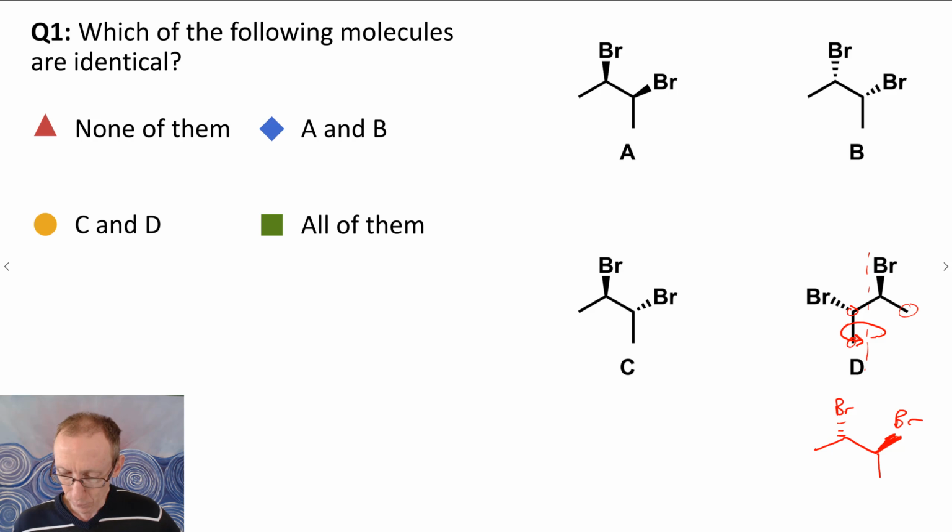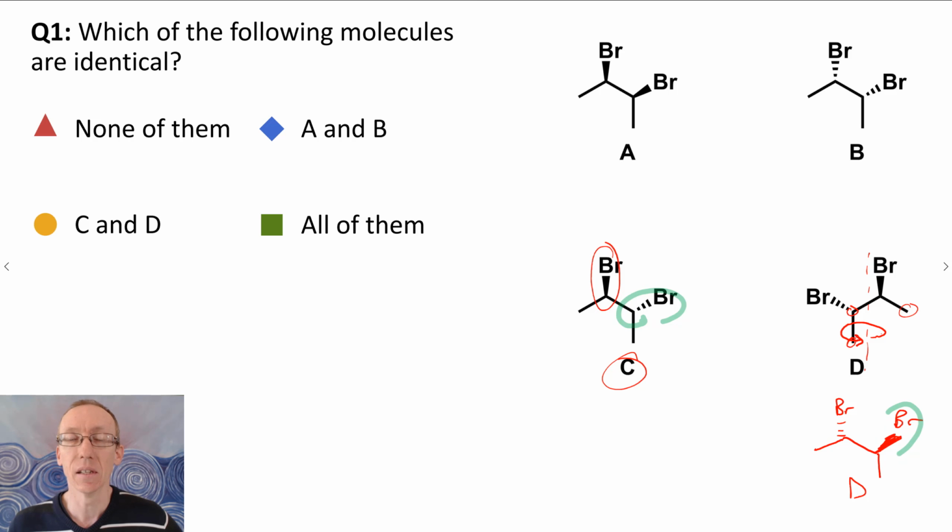Okay, now if we look at those two molecules, C and now this D that's been spun around, we'll notice that where we've got an up bromine here, we've got a down bromine here, or a bromine going away from us. And where we've got a bromine going away from us here, we've got a bromine coming towards us here. So that manipulation of spinning the molecule has not made it the same molecule.